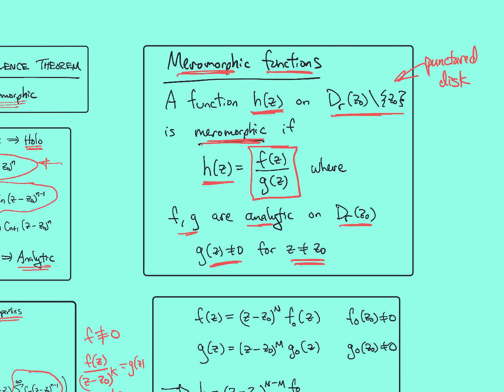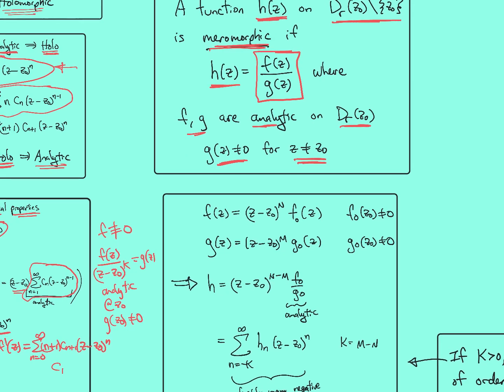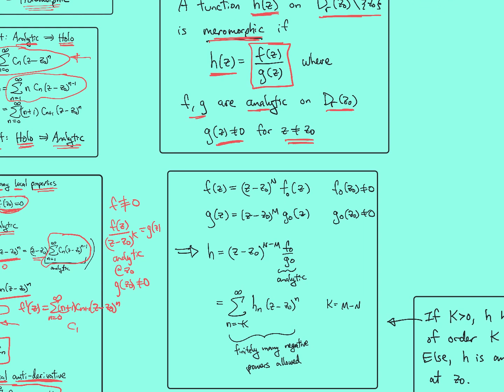And so when we do this, what exactly happens? Well, we can factor out zeros and see that h has a very particular form. As we said over there, that f, we can factor out all of its zeros so that I get a piece left that does not vanish at z naught, and I can do the same thing with g and get a g naught that's non-vanishing at z naught.